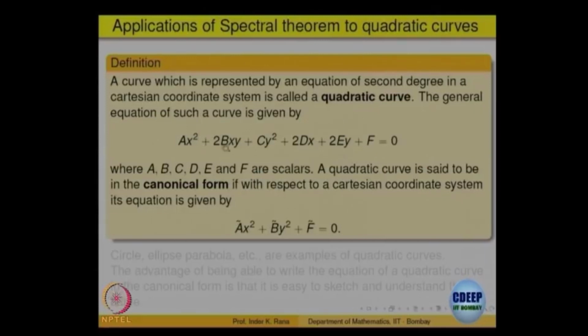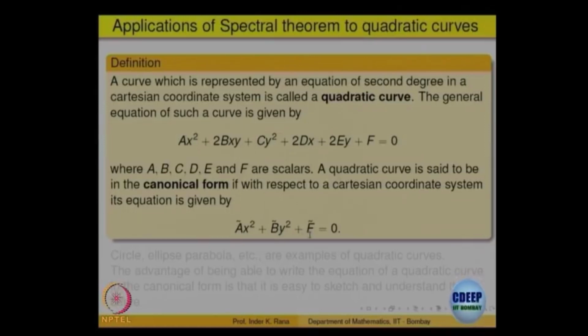So, the question is, if you are given a curve like this, how do I visualize this? What is this curve? I want to visualize this curve. So, there are two simplifications one can do. Supposing your equation is such that the product term xy and the x and y terms are 0.